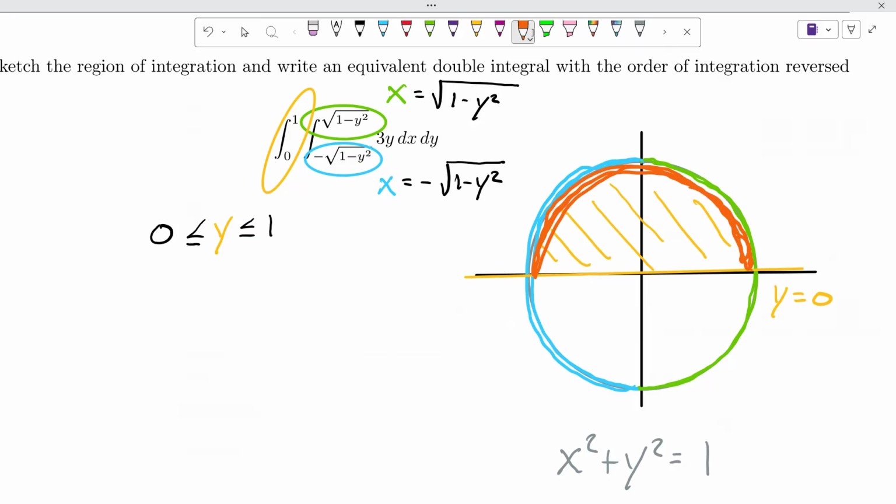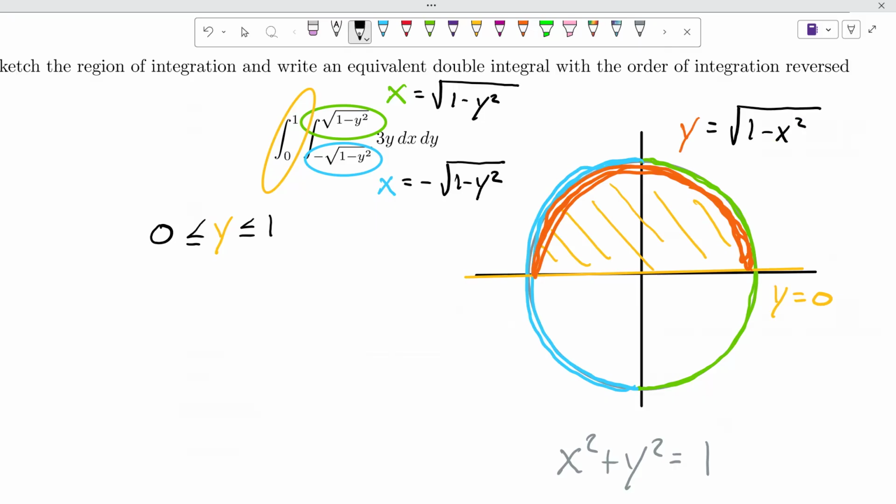So that's going to be my upper limit. So if I just take that circle equation and solve it for y instead, I'll get y equals the square root of 1 minus x squared.